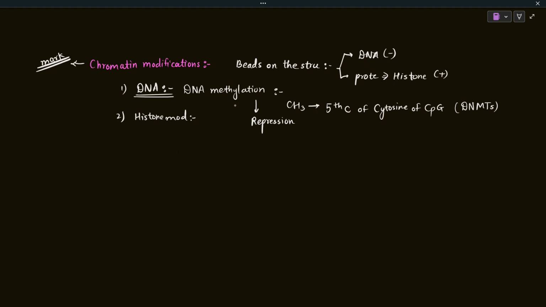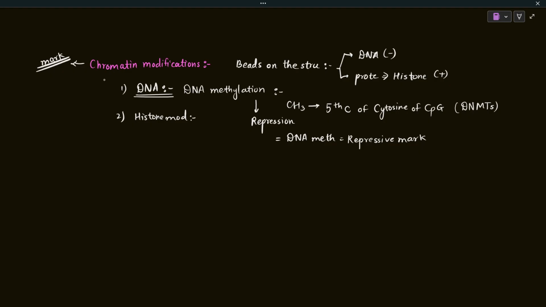DNA methylation leads to repression, meaning the silencing of genes, and that is why DNA methylation is also known as a repressive mark. Why? Because it is leading to the silencing of genes. So that is a repressive mark. This is about the DNA modifications, and we will learn about the histone modifications as well.